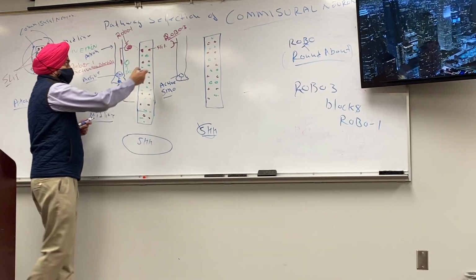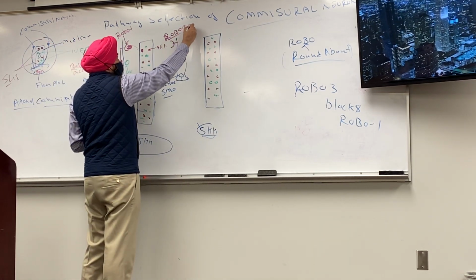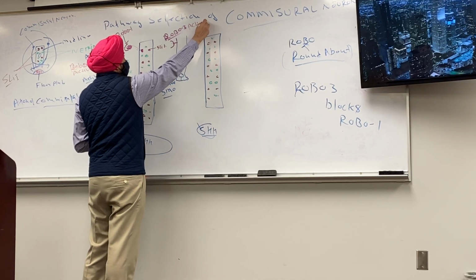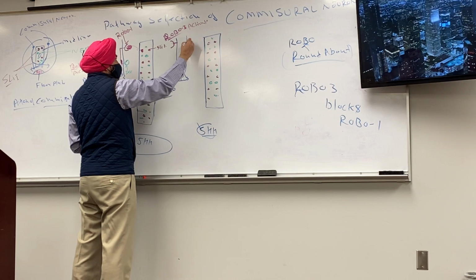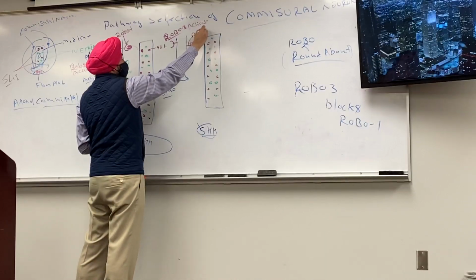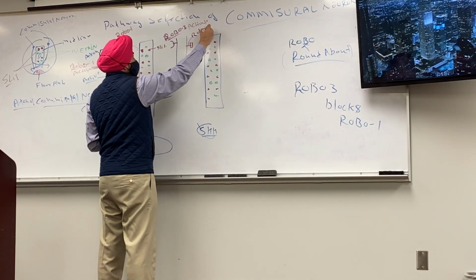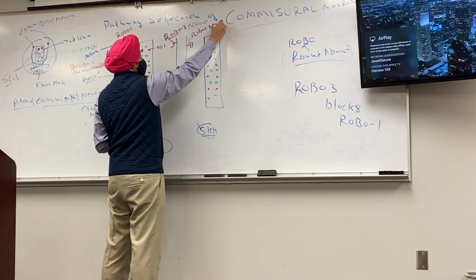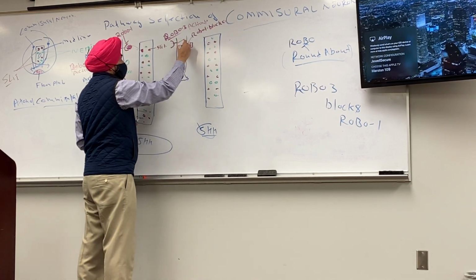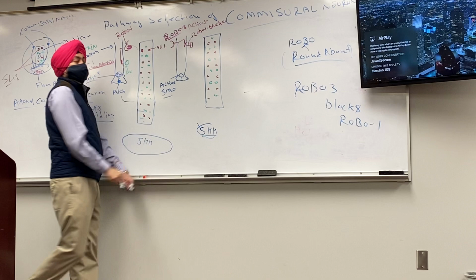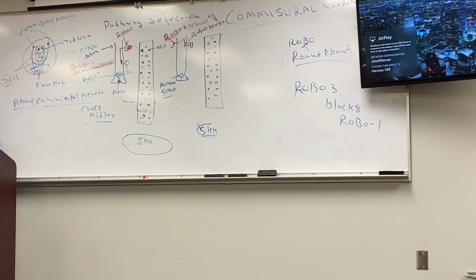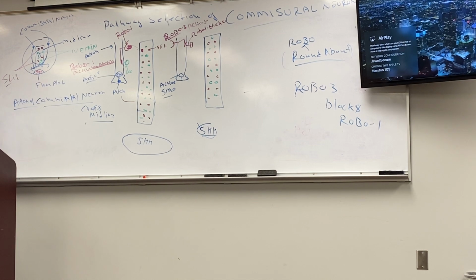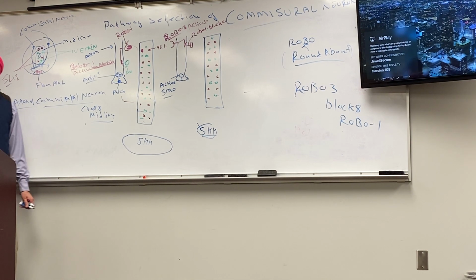So, Robo3 activation, and right here is Robo1, blocked. So it is blocked. So far it is okay. Then what happens?